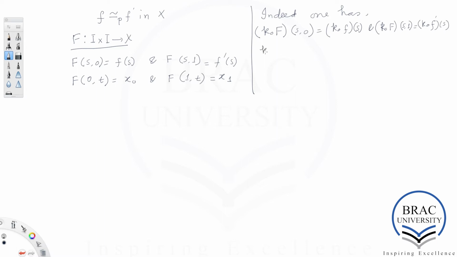Similarly, k composed with big F at 0 comma t is equal to k of x0, and k composed with big F evaluated at 1 comma t is equal to k of x1. So straightforward composition with k gives us these conditions.